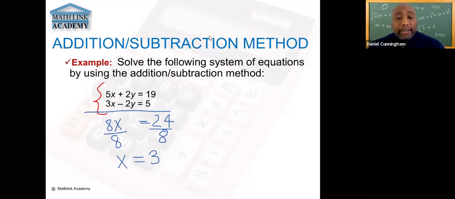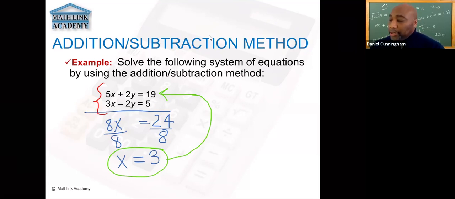Now we're not done, because we want to figure out also, is there a y value? We have an x value. We want to also figure out if there's a y value. So what we're going to do is use this value, x equals 3, and plug it into any one of these equations. It doesn't matter. In this case, I'm going to plug it into the top one.